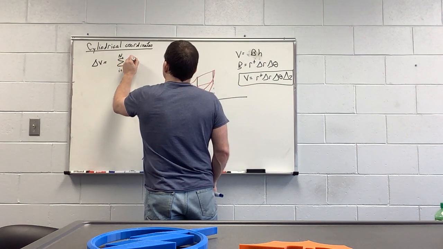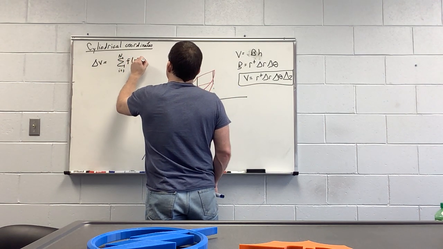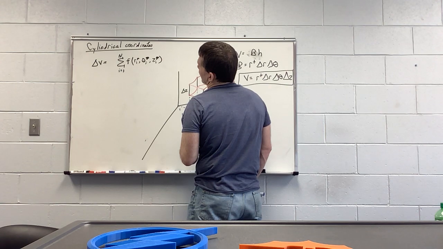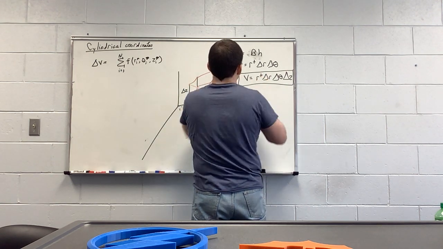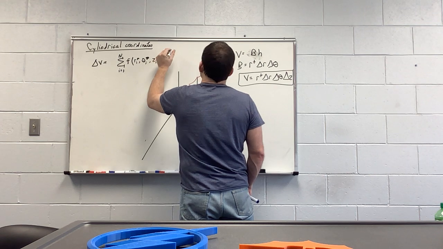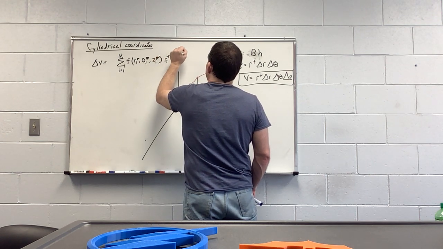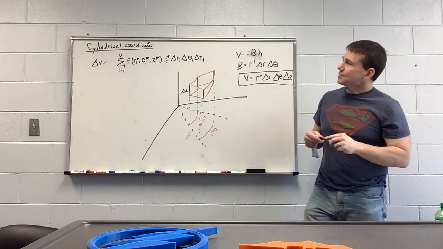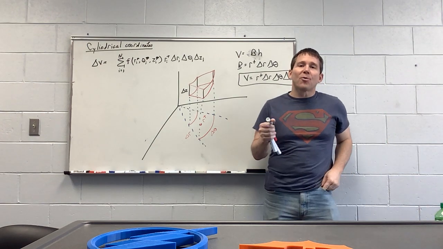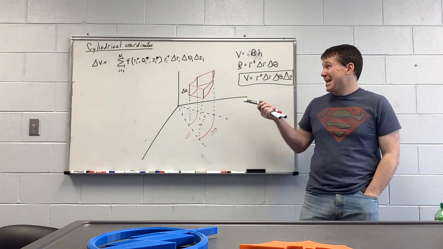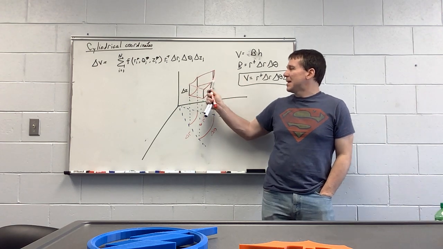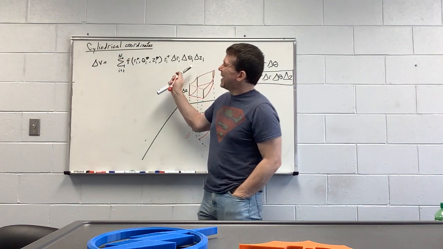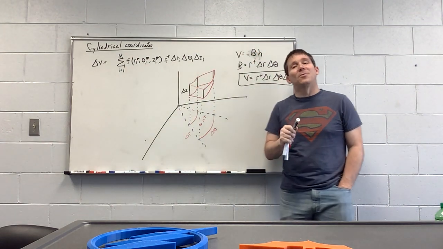So we get f of R_i star, theta_i star, Z_i star, times my volume right here, which is R sub i cross, delta R_i, delta theta_i, delta Z_i. And then that will approximate the value of the function in that four-dimensional thing that's encapsulated by this region right here. Or in this case, I'm adding them all together, so this will approximate it reasonably well for me.